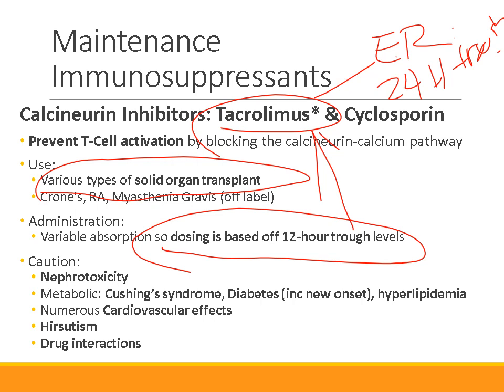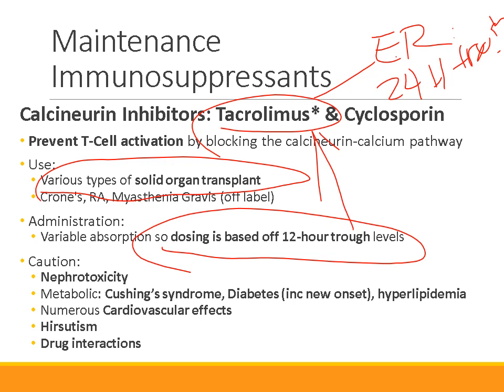Also, for cyclosporin, the general practice has been to dose it based off of a 12-hour trough. But studies show that that's not actually the best way to dose cyclosporin, and that cyclosporin is better monitored with a 2-hour post-dose level. The 2-hour post-dose level gives us a max level, and this correlates better with toxic exposure as well as rejection prevention.